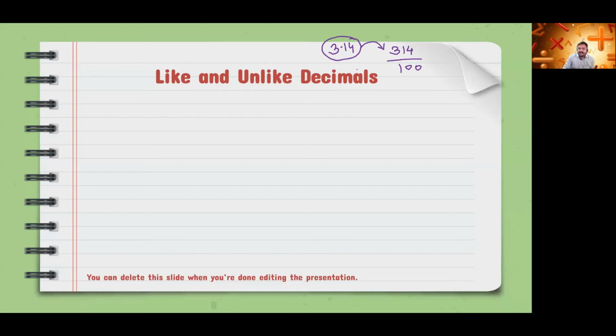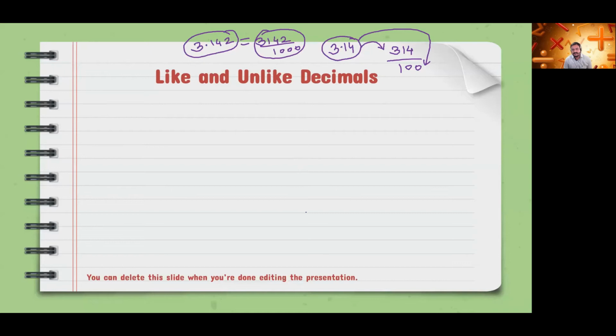If it was 3.142, then I would have written 3142 divided by 1000, because after the decimal point there are three digits. When there are two digits after the decimal point, we write 100 in the denominator. So this is a decimal and we have converted it into a fraction.